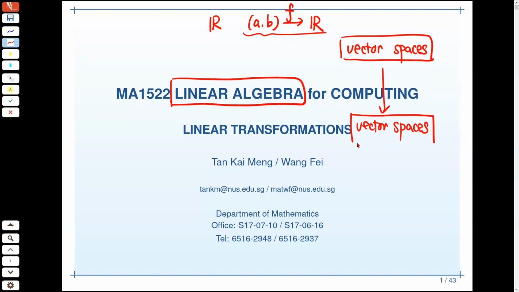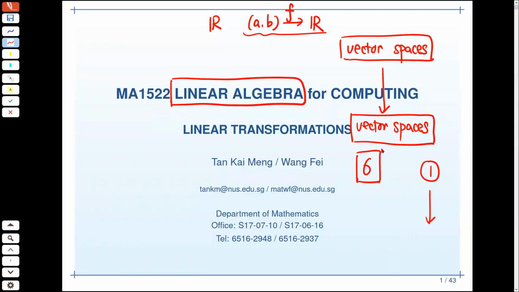But this is just the starting point, because we spent 6 chapters, almost 1 semester, studying the vector spaces. Then only 1 chapter is left, so we just want to have a very brief description of the linear transformations. More topics will be in following courses if you're interested.